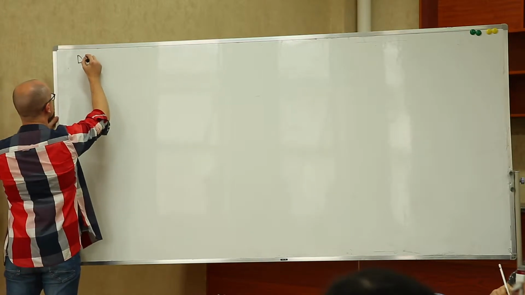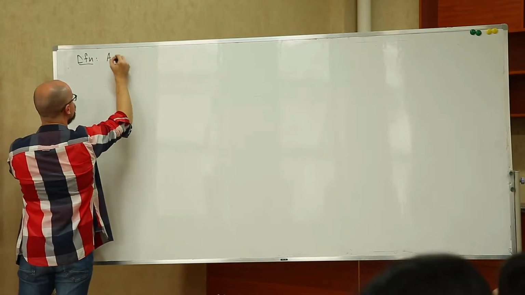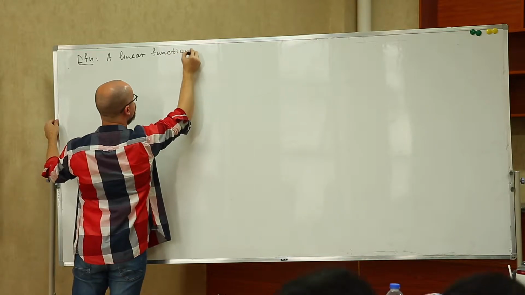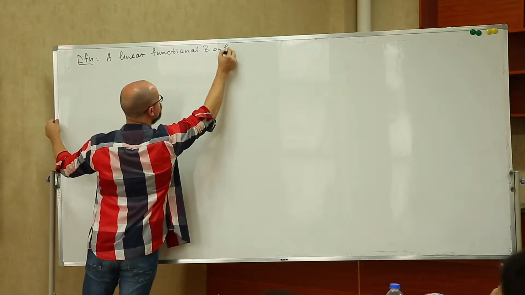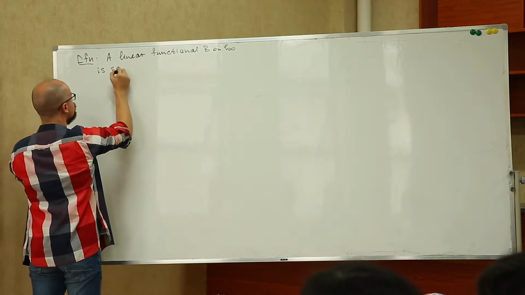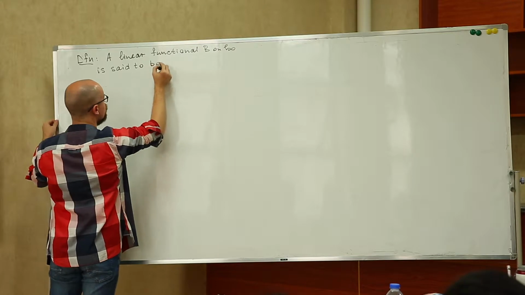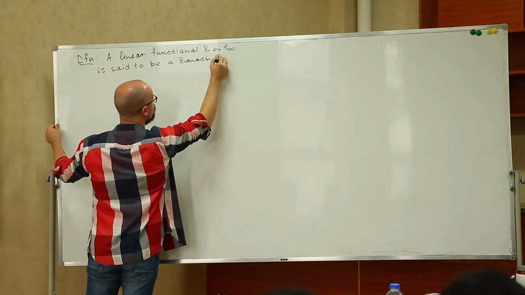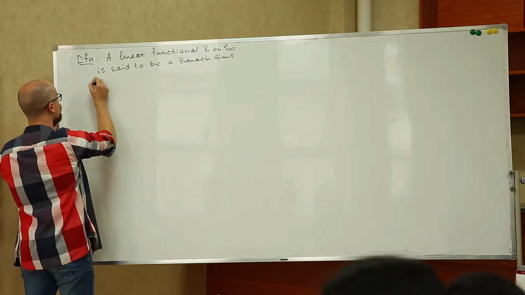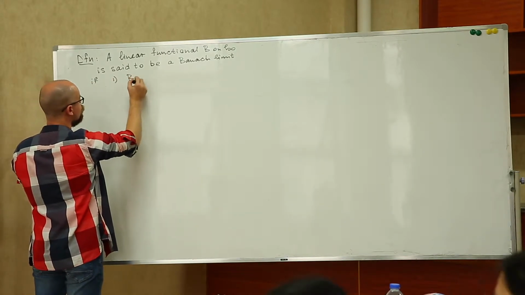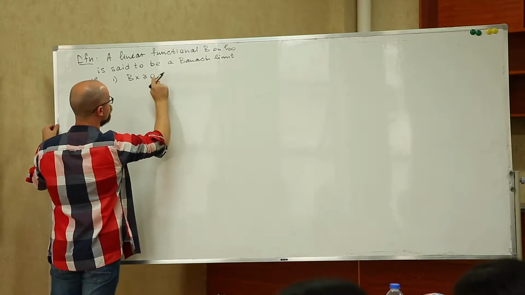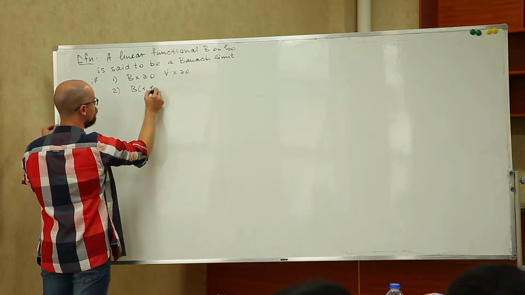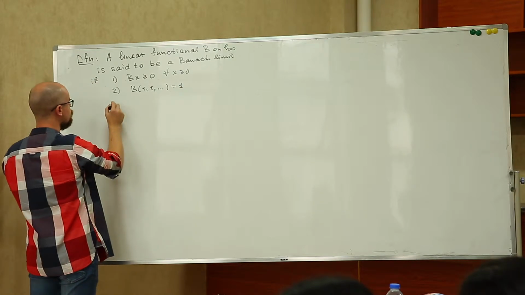So definition: a linear functional B on L infinity is said to be a Banach limit if, first, it is positive, it is normalized, and it is shift invariant.